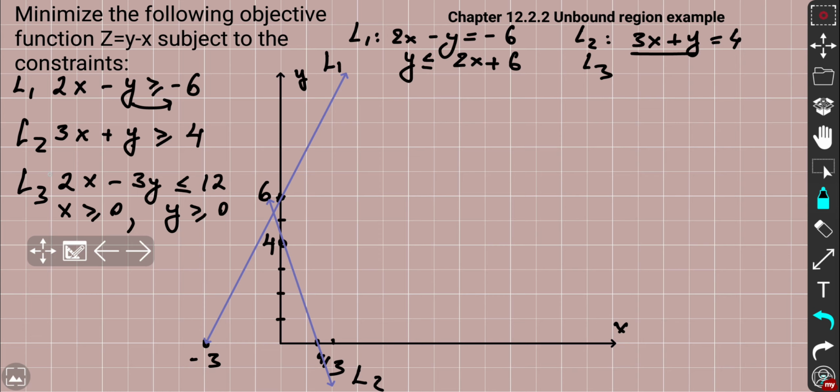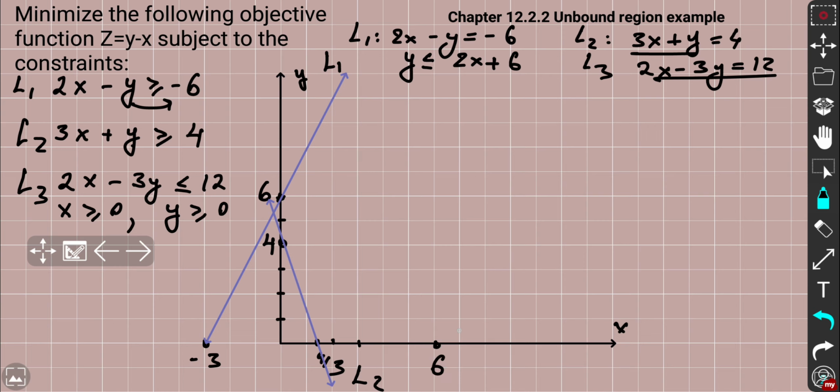So what about line 3? 2x minus 3y equals 12. If we say y equals 0, we get the x-intercept, which is 6. So 3, and again 3, it's going to be 6 here.